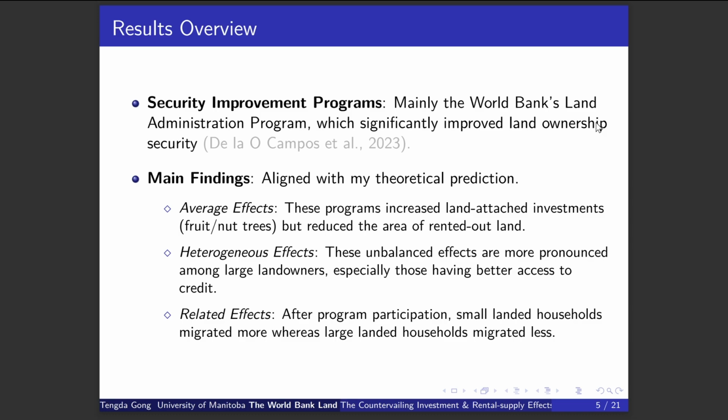These effects are more pronounced among large landowners, especially those with better access to credit. We also find some minor but interesting results: after program participation, small landed households migrate more, whereas large landed households migrate less. I will explain why this is the case.